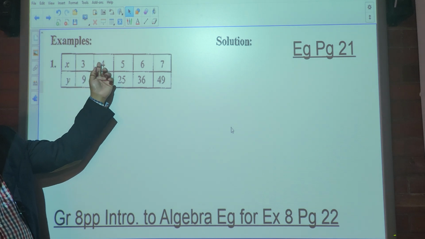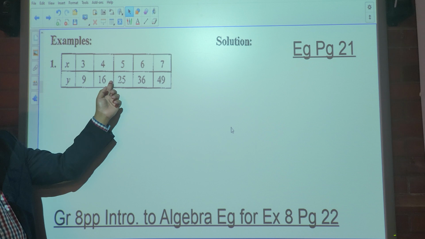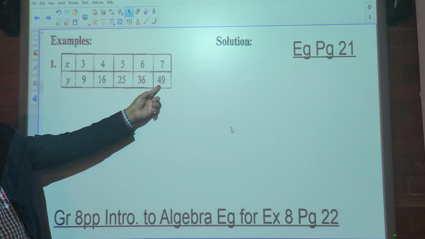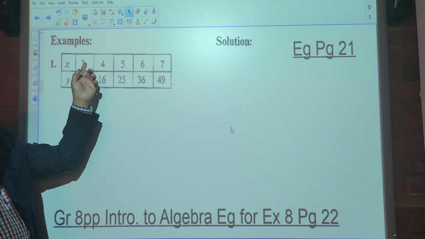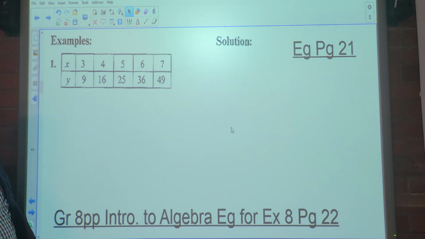X corresponds to be 3, 4, 5, 6, 7, while y is 9, 16, 25, 36, 49. So what do you notice? If x is 3, y is? 9. It's being multiplied by itself. Not so? And what do we also call something that multiplies by itself?